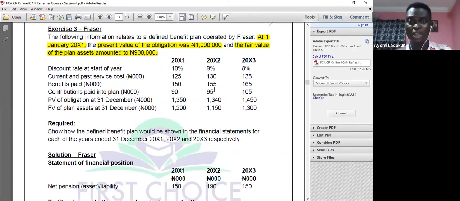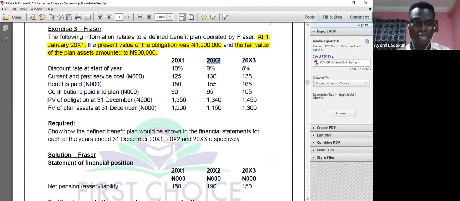Then for 20x2, how do you do that? You are going to do them probably simultaneously. So the closing present value of the obligation in 20x1 would be the beginning of 20x2.